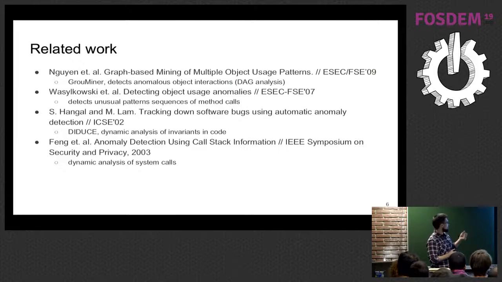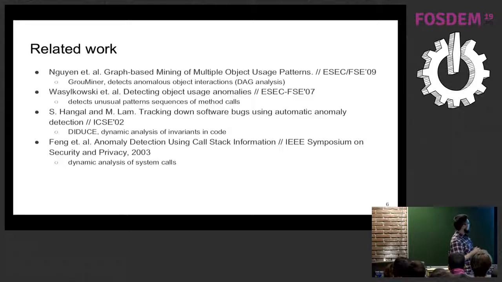The second one uses a somewhat similar idea, but they build usage models of objects using their sequences of method calls. And they also apply graph-based anomaly detection techniques. They are very helpful if you're trying to find bugs in your programs. So these approaches basically target language users, not language developers, as we are intended.